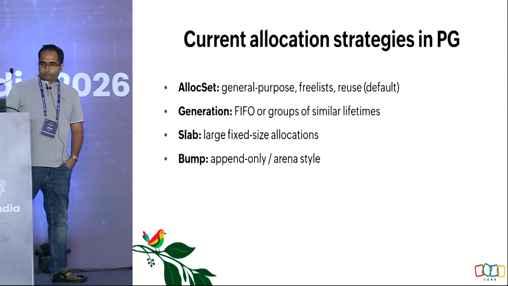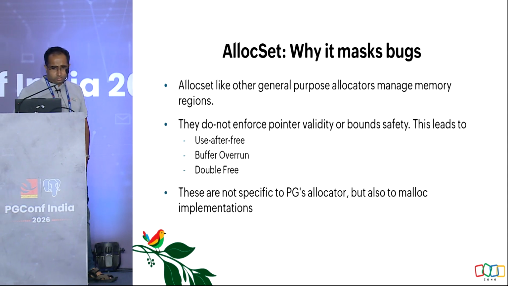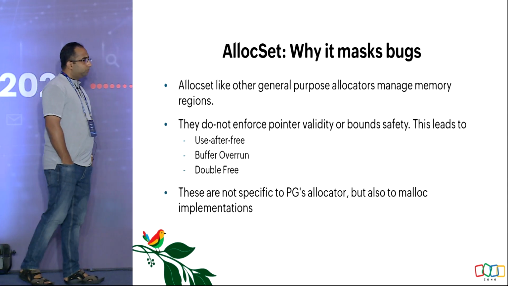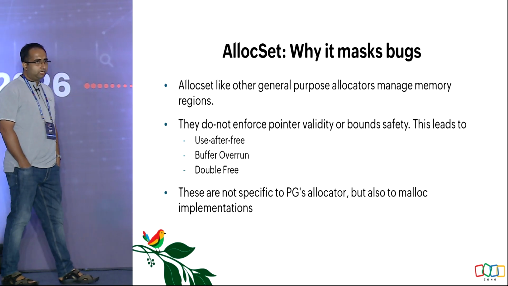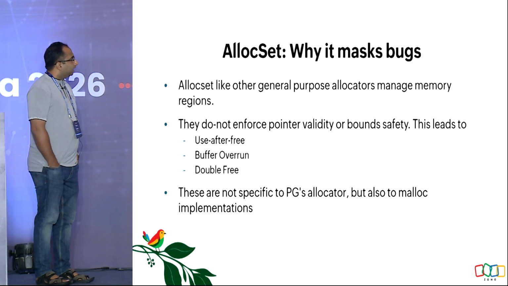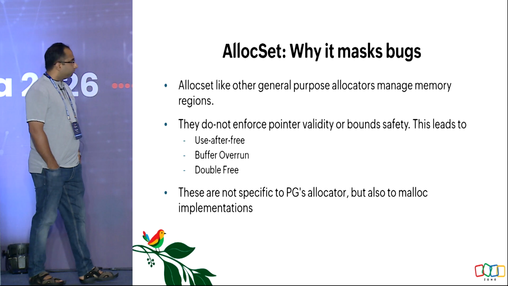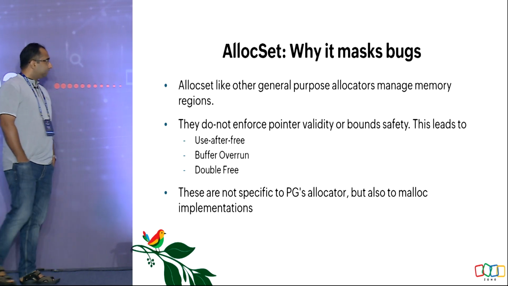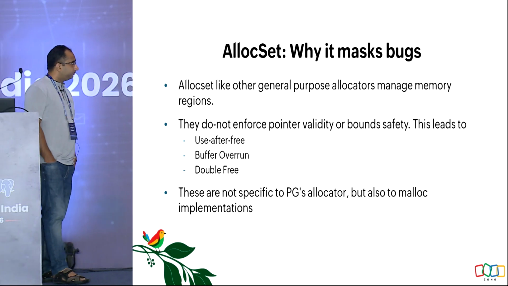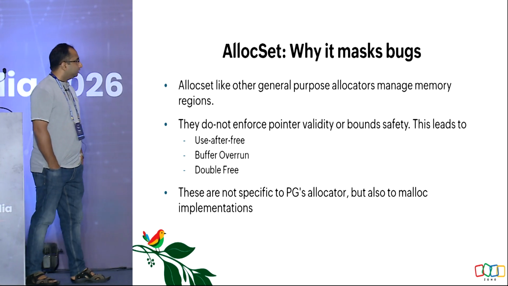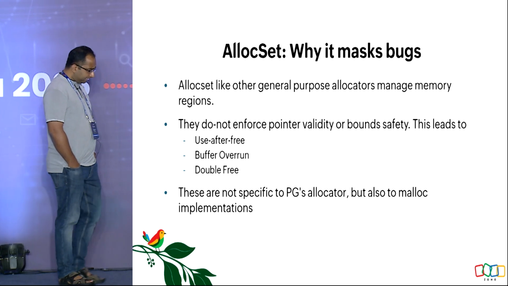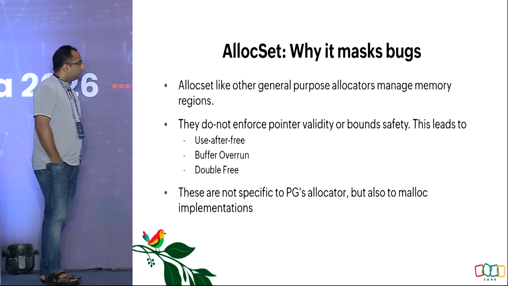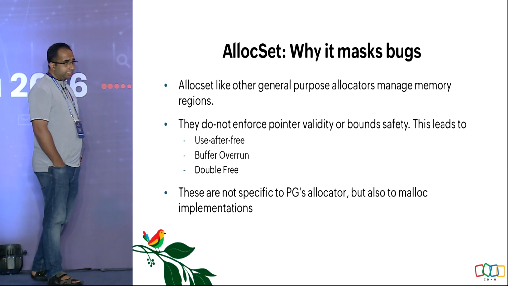So in this talk we will just stick to AllocSet, because it is a general purpose allocator, and it is mostly used in Postgres. The AllocSet implementation is mostly how general purpose allocators work, and just like them, AllocSet doesn't enforce pointer validity or bound safety.